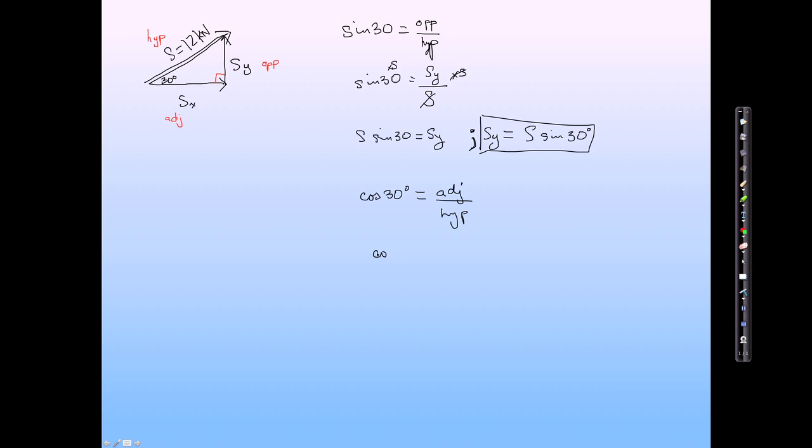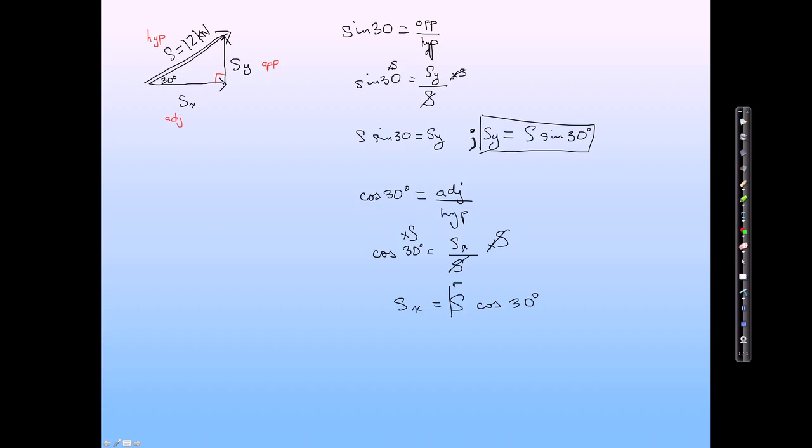And so, filling in the specifics of this triangle, the adjacent side to the 30-degree angle is sx, the hypotenuse is s, and similarly, multiplying both sides by s to solve for sx. This will cancel because we're multiplying by a number and then dividing by it. We can say that sx equals s cos 30 degrees.